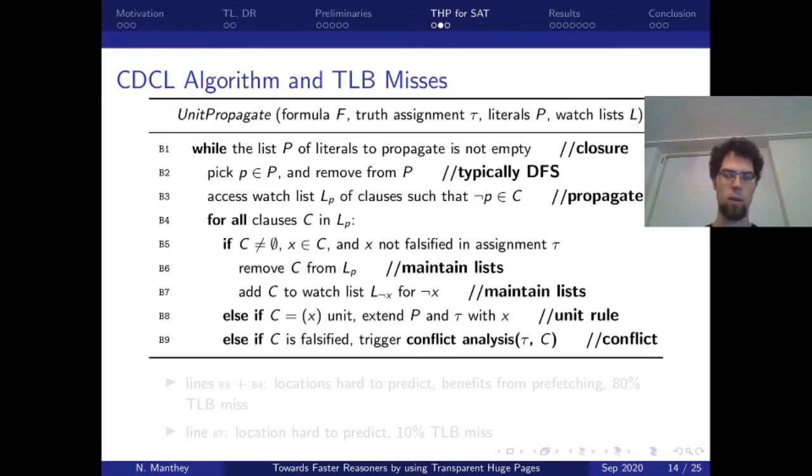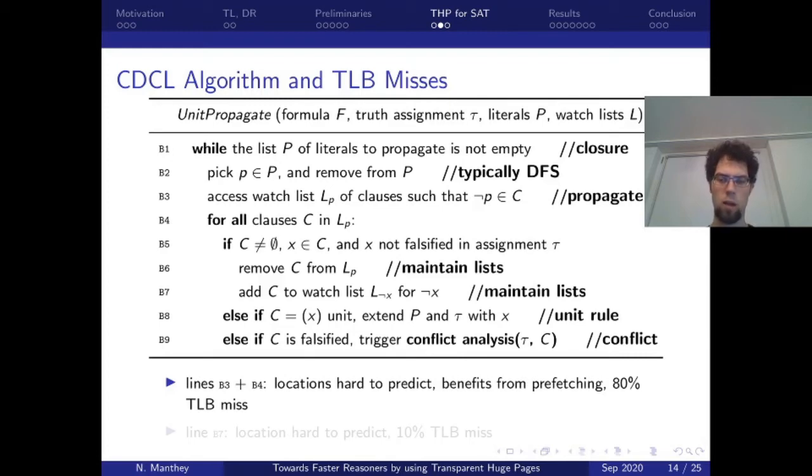Now, when we analyze how many TLB misses are done in this algorithm, we can see the following. As expected, the lines B3 and B4 are hard to predict. They benefit from prefetching already, so this is prior work. And 80% of the TLB misses also happen here, so accessing the next list of clauses that have to be propagated contributes 80% of the overall TLB misses.